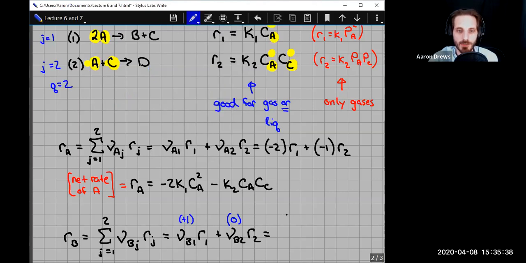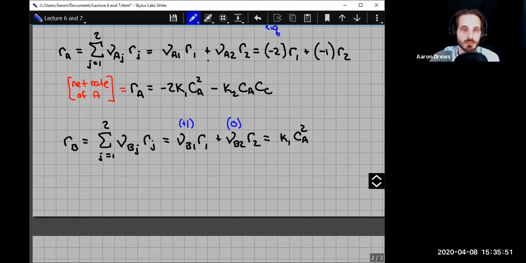Right, and then we can substitute in our rates as we did before. And so this ends up looking just like a 1 times K1 CA squared. And so this is our net rate of species B.